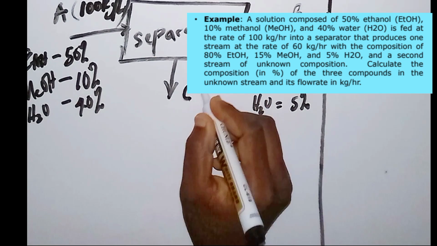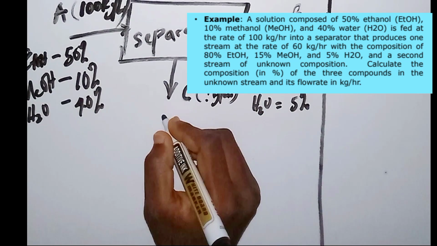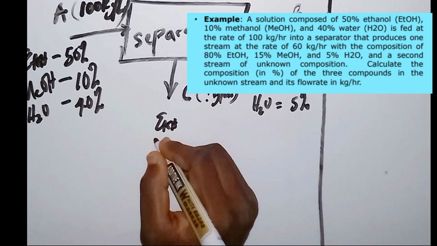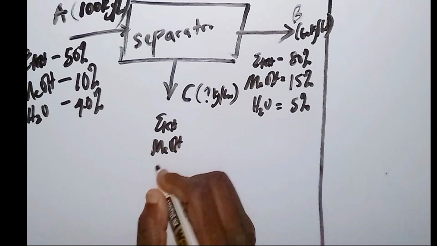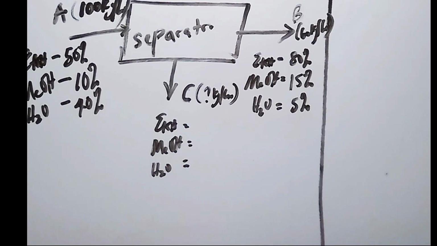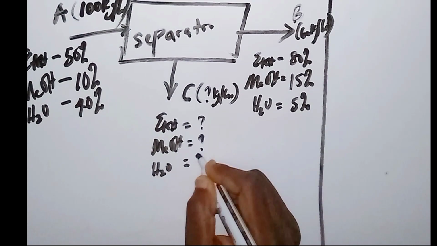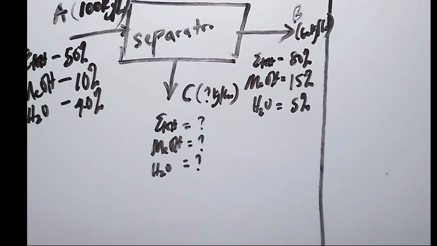So we are asked to calculate the composition of C: ethanol, methanol, and water. These are just abbreviations, not their chemical formulas. So we are asked to determine their individual composition.